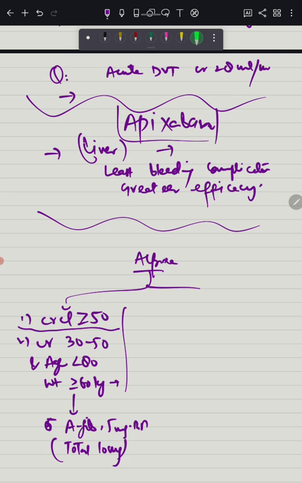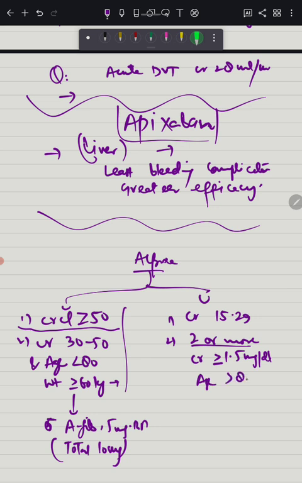Now if the patient has creatinine clearance of 15 to 29, one option, or two or more of the following: creatinine of 1.5 milligram per deciliter, or age greater than 80 years, or weight less than 60 kg, then 2.5 mg BD is the dose. So this dose is for DVT prophylaxis.